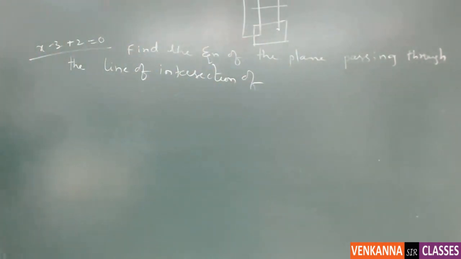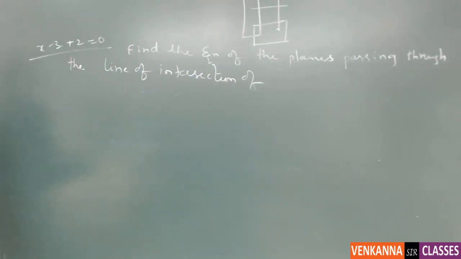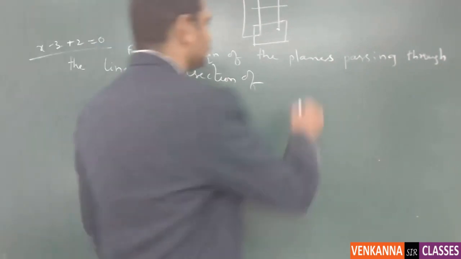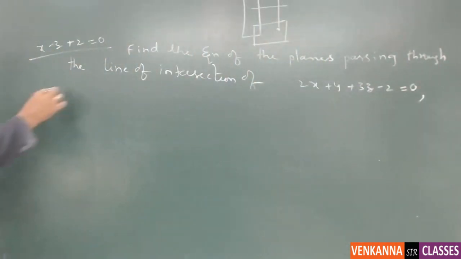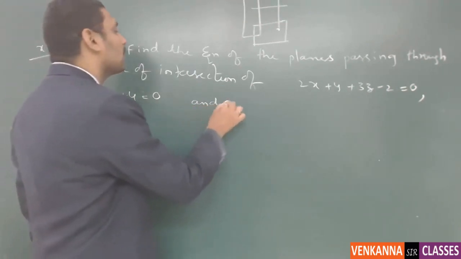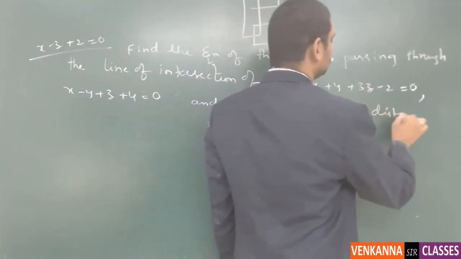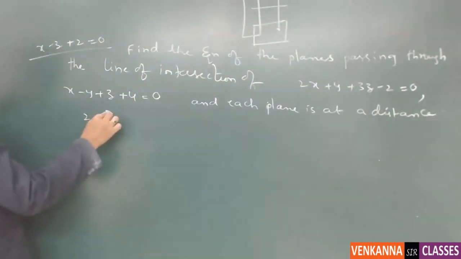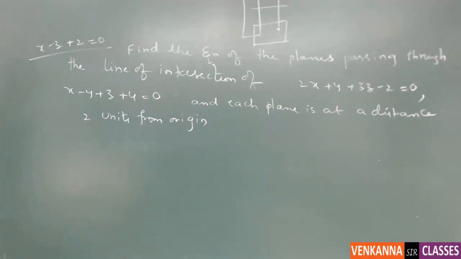So the problem is, find the equation of the planes passing through the line of intersection of 2x plus y plus 3z minus 2 equal to 0 and x minus y plus z plus 4 equal to 0 and each plane is at a distance of 2 units from origin. Okay? Please take a note of this model.